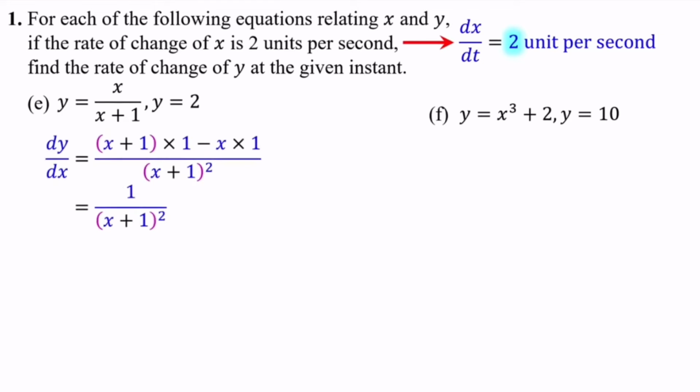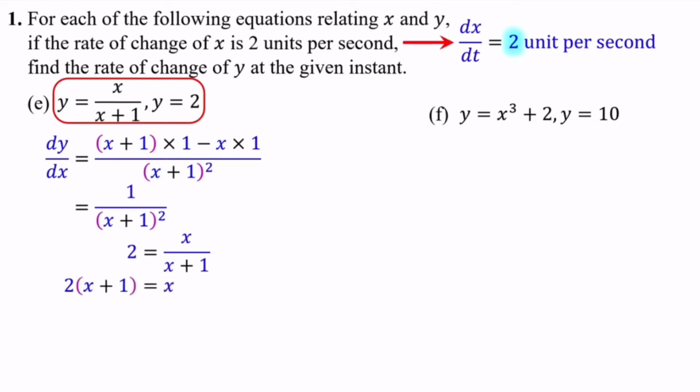And now we are not given the value of x, but instead we are given y. So we need to find the x on our own by using the equation given. So let's substitute y equal to 2 into the equation. So after you substitute, you need to simplify and find the value of x so that you can substitute into the dy dx, right?